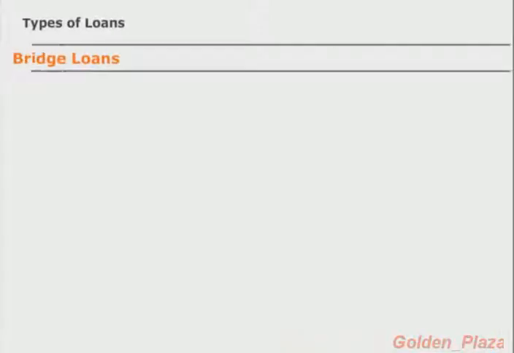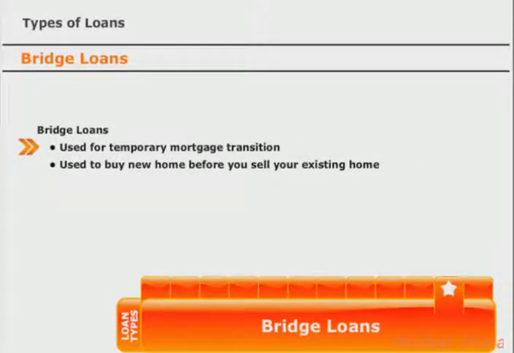Bridge loans are designed to get you through a temporary mortgage transition period. Depending on your local real estate market, it often is advantageous to buy a home before selling the one you live in. In a competitive real estate market, you would use a bridge loan to buy the home before you sold your existing home, so that you can secure the home.